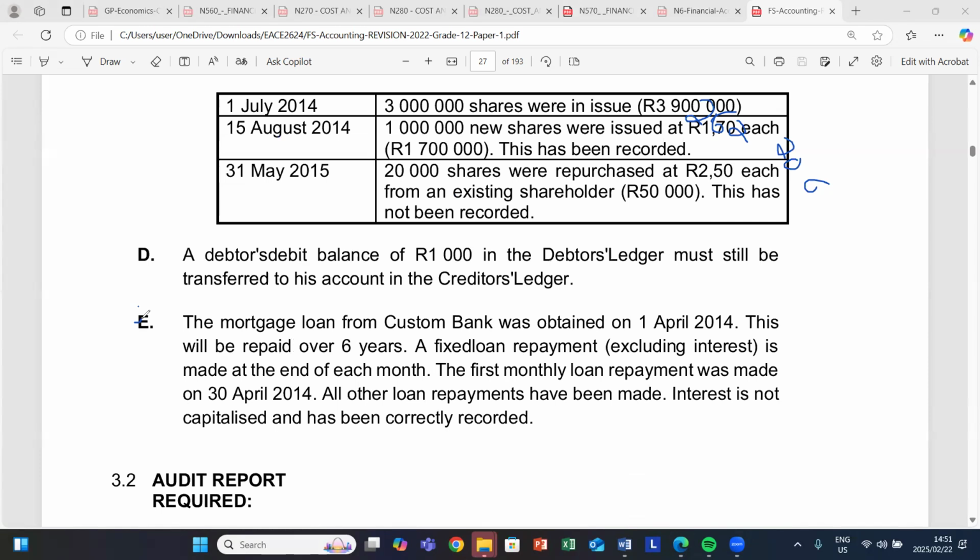It will be repaid over the next 6 years. A fixed loan repayment, excluding the interest, is made at the end of each month. The first monthly payment was made on the 30th of April 2014. All other loan repayments have been made. Interest is not capitalized and has been recorded properly.